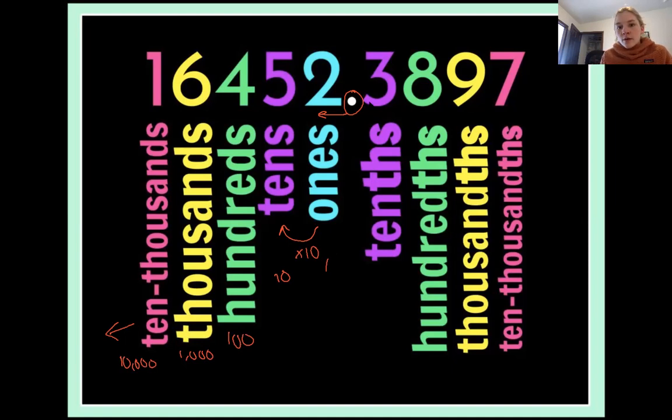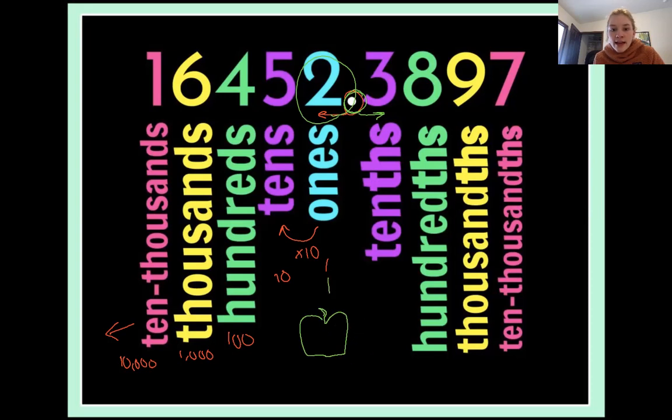Talking about our decimal point again, if we go to the right-hand side of our decimal point, we get smaller because these decimals represent a fraction or a tiny piece of a whole number. So for instance, if I had one apple, that could be represented by the number 1.